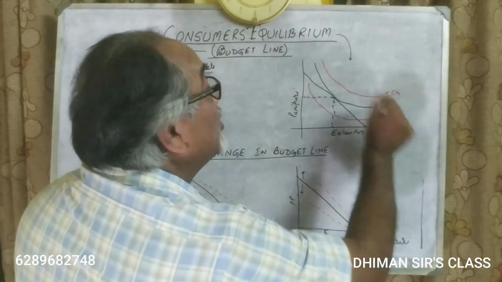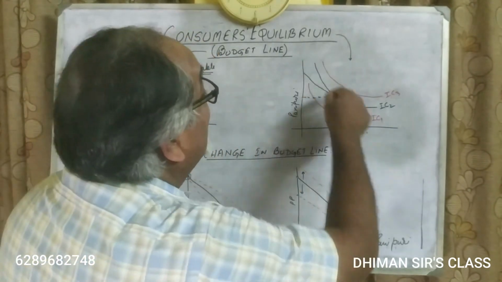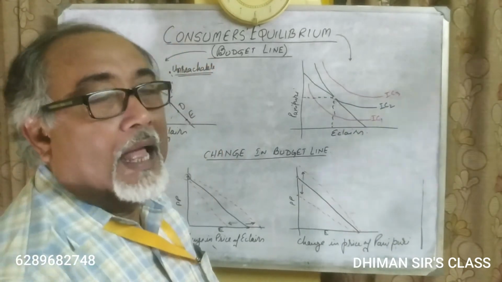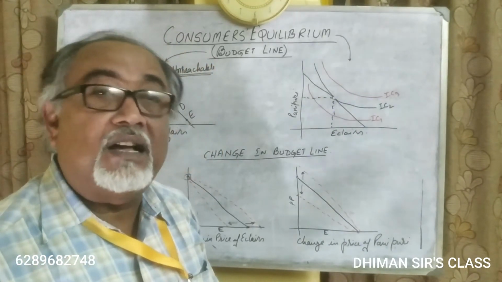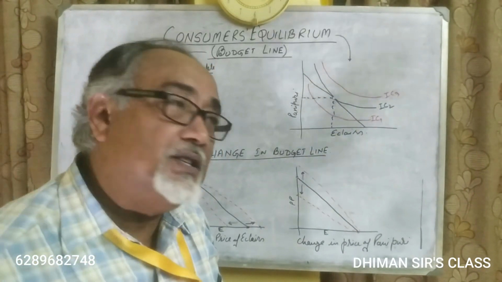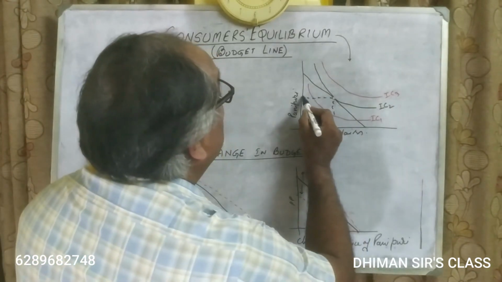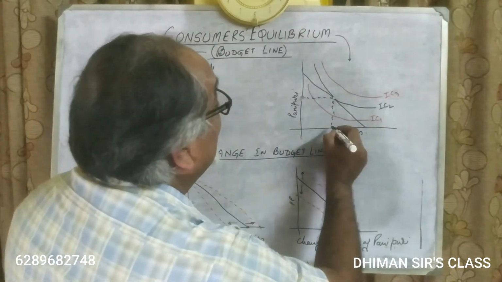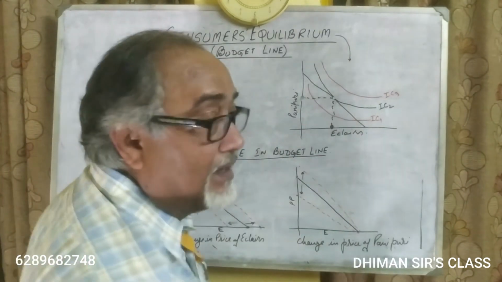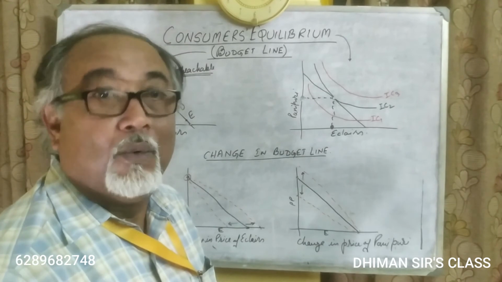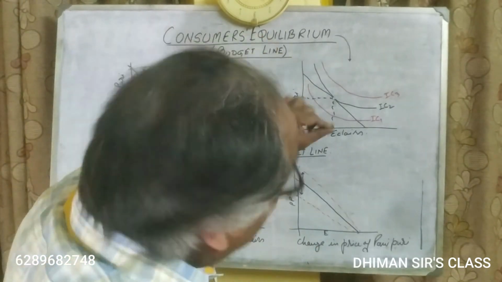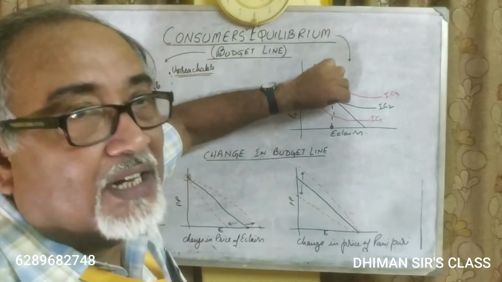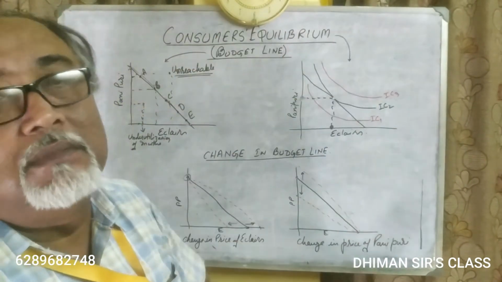Suppose this IC2, this budget line is a tangent at this point. So, according to my income, according to my budget, maximum I can purchase this much of Pani Puri and this much of eclairs. Why? Because this will give me maximum satisfaction. Means this combination will give me maximum satisfaction.